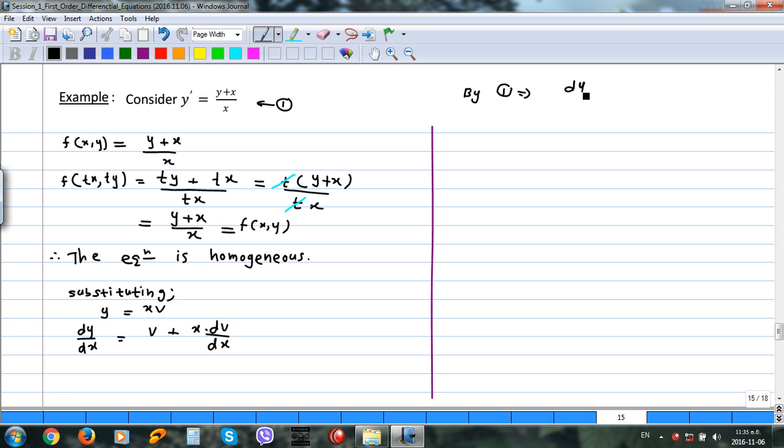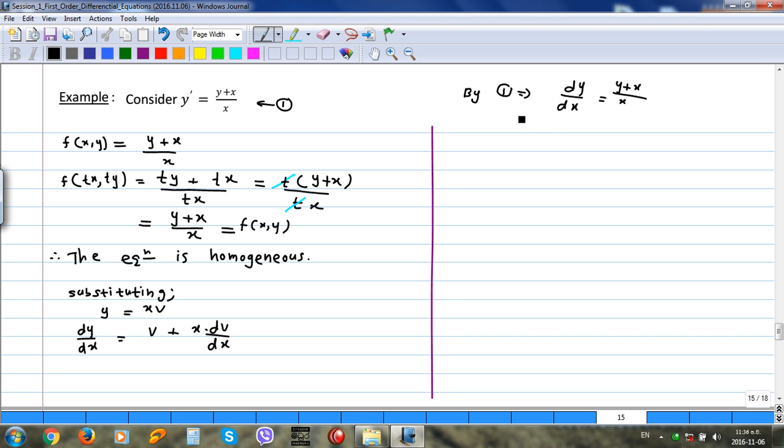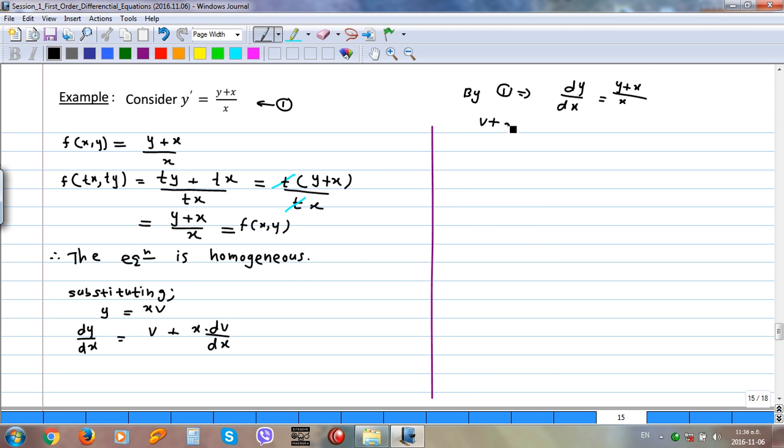Then by 1 you can write y' means dy/dx = (y + x) / x. For dy/dx we found v + x dv/dx, equals, instead of y we have to put xv because y = xv, plus x over x.